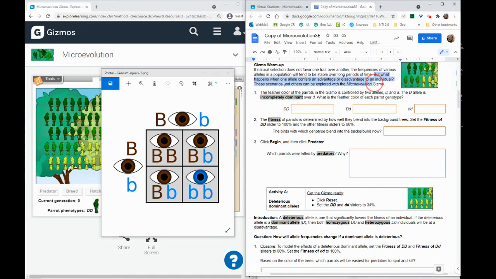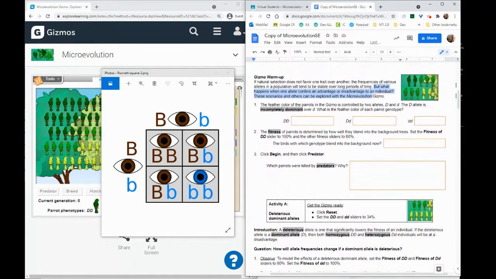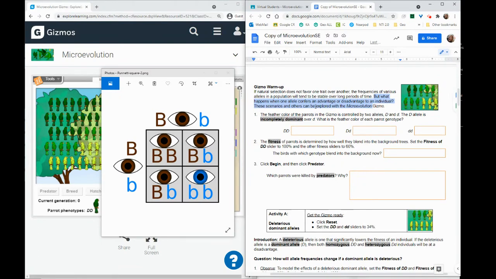But what happens when one allele confers an advantage or disadvantage to an individual? These scenarios and others can be explored with the microevolution gizmo. So the feather color of the parrots in the gizmo is controlled by two alleles, big D and little d. So big D meaning a dominant allele and little d meaning a recessive allele.